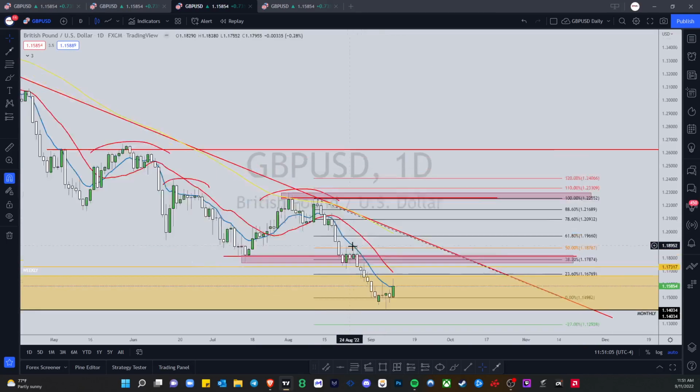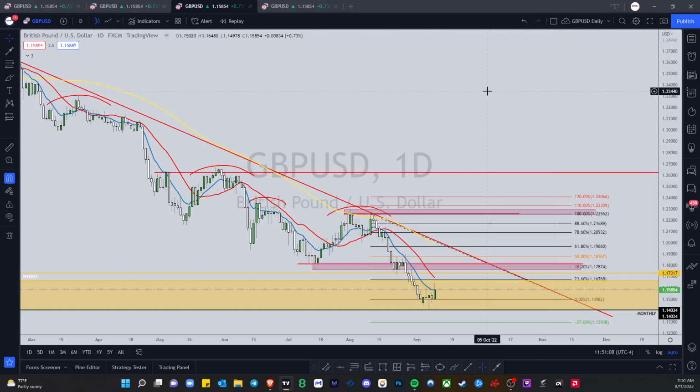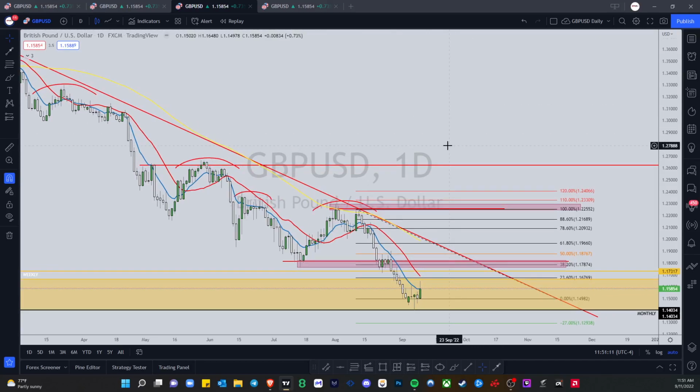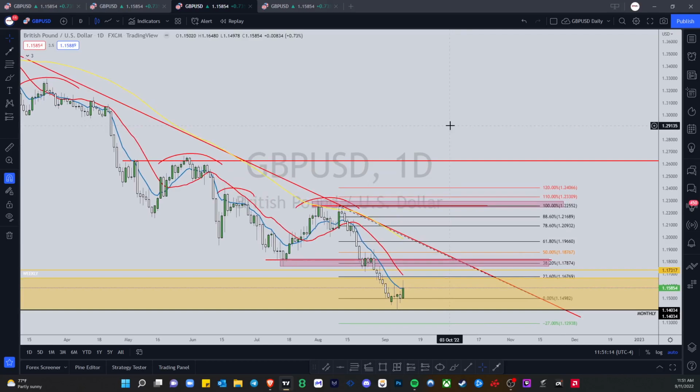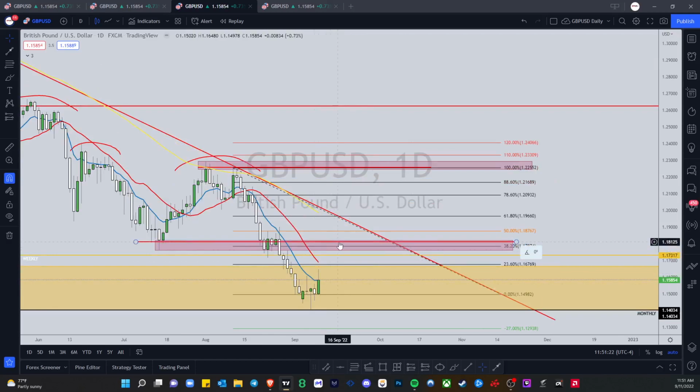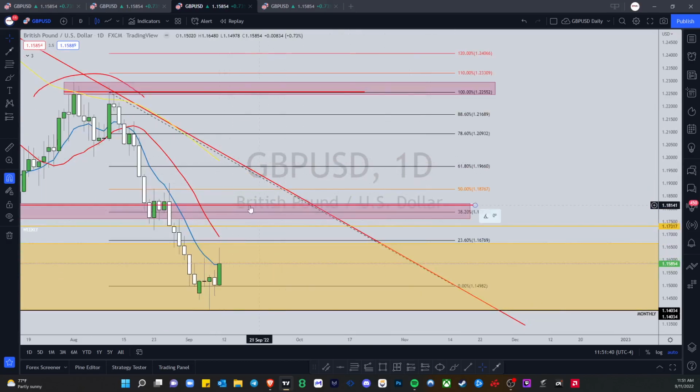But right now, I don't really like counter-trend trades. Still, it's not a bad idea to take your 30 pips here and there, and then wait until it reaches that measured area right here, where we're waiting for it to reject so we can take our sell.